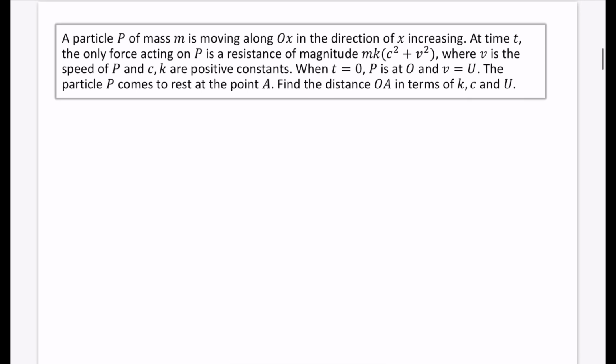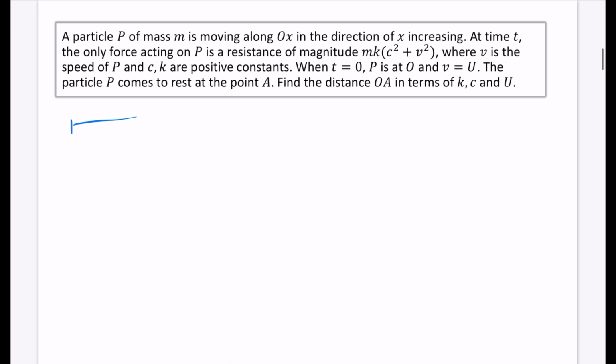So a particle P of mass m is moving along OX in the direction of x increasing. In other words, here's O, it's just moving along the x-axis to the right. At time t, the only force acting on P is a resistance of magnitude mk(c squared plus v squared), where v is the speed of P and c, k are positive constants.